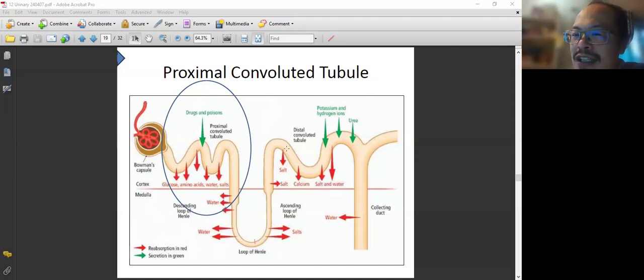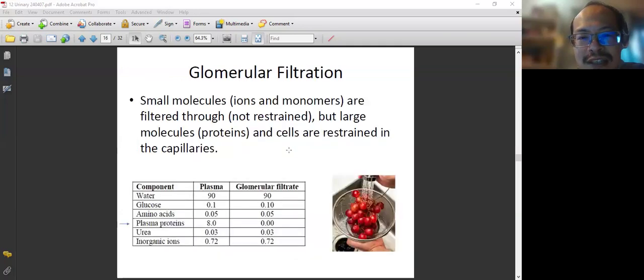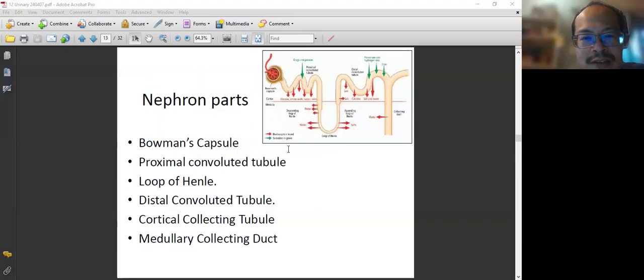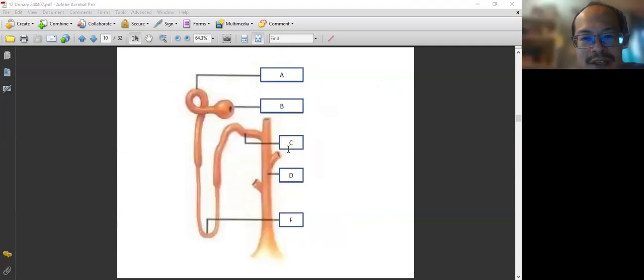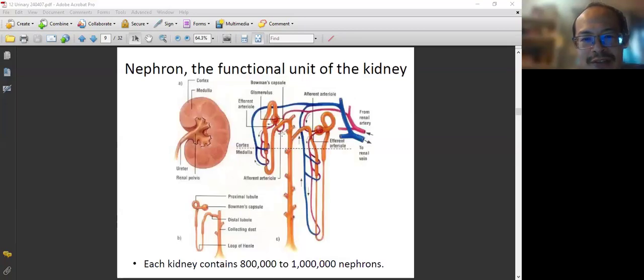The importance of the distal portion is that even though it's called distal, it's actually nearby the entrance. Let me show you the exact picture right here. You can see this is proximal, loop of Henle, distal. Even though it's distal, it's coming back into the entrance area.